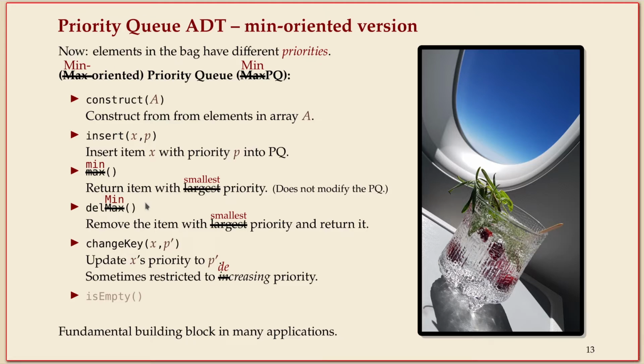It can either get you always the maximum, or it always gets you the minimum. We don't, at this point, consider that you can mix these two operations. So I just listed this here in detail because many other textbooks prefer the min-oriented version. But if you have an implementation of one, you could think of just negating the priorities, and then you get the other. There's usually simple tricks to go from one to the other.